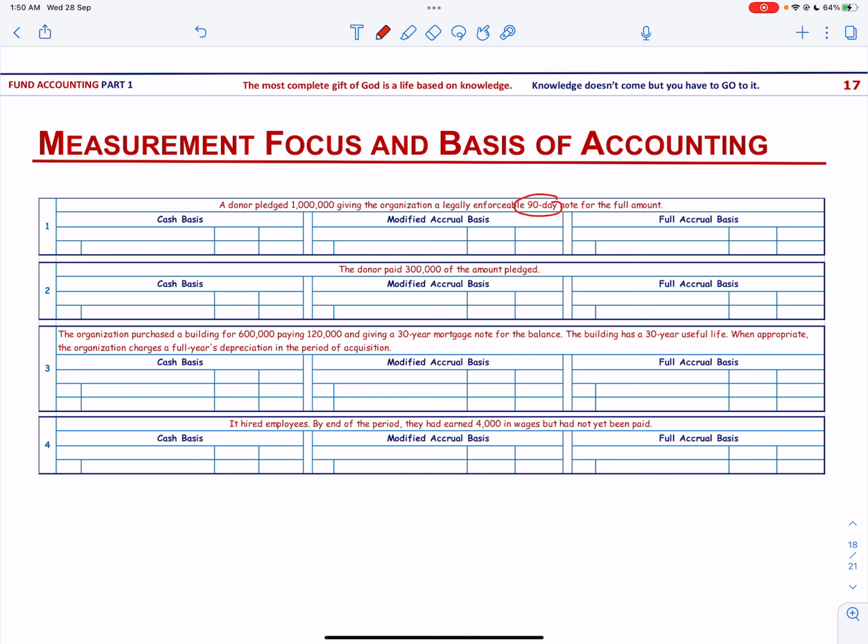So in case of cash basis, there is no entry because the government did not receive any cash. The donor has only pledged, and making a pledge is not a cash transaction.